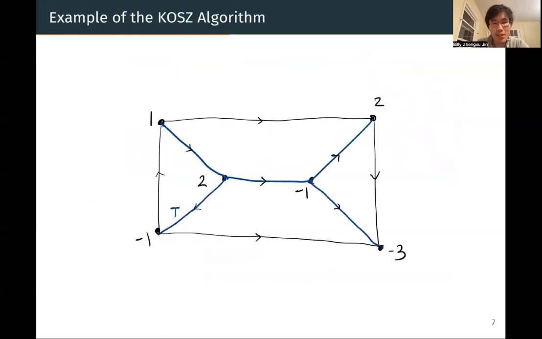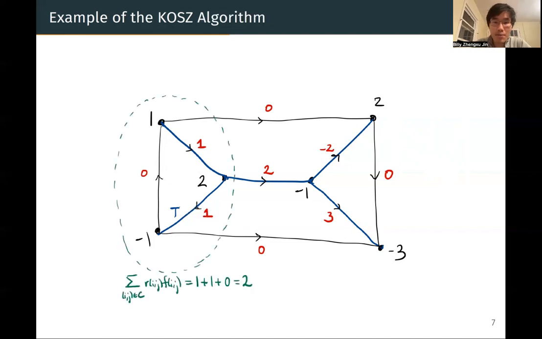So here's a more detailed example of how the algorithm works. Suppose we're working with this graph here, where the blue edges are the spanning tree, and the black numbers indicate the values of B. For simplicity, let's assume that the resistances are 1. At the beginning, we initialize F to be the B flow supported on the blue tree edges.